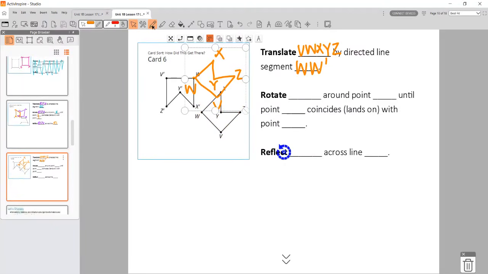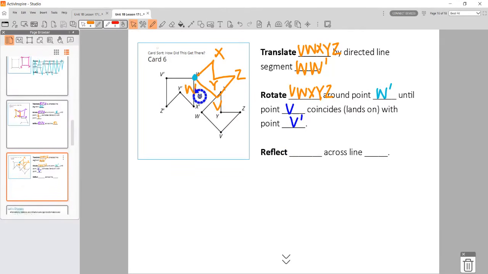Now that I have those two matched up, I'm going to rotate the shape. I have them matched at W, so that's going to be my center of rotation, at W, W prime. And now I'm going to rotate until, and pick either X or V, the ones next to W, until V lands on V prime.